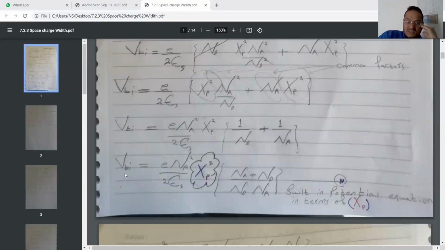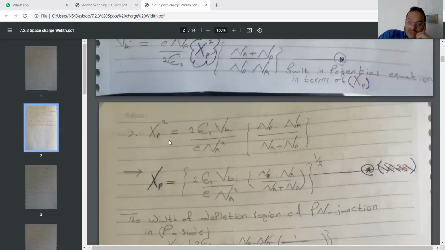Here, the built-in barrier potential equals this equation, electron charge Na squared divided by 2 times the permittivity, times the width in the P region squared. And by this equation, we will try to calculate this result for the width in the P region times this bracket.